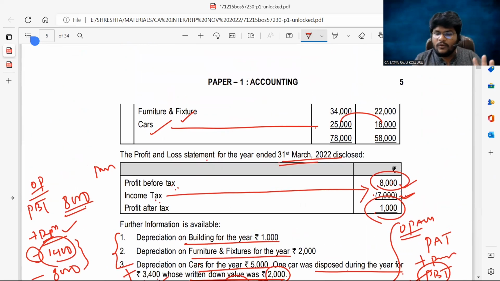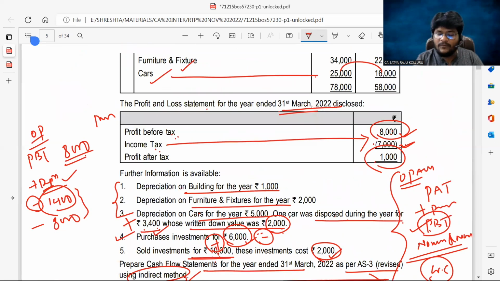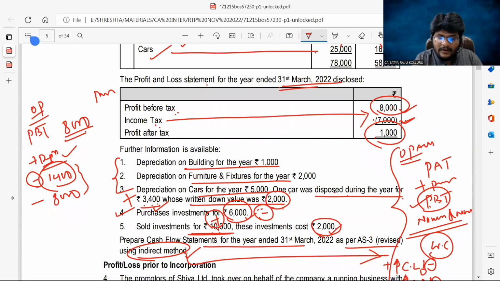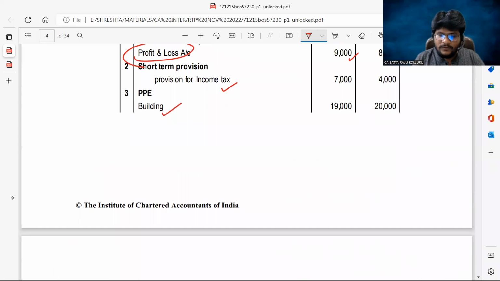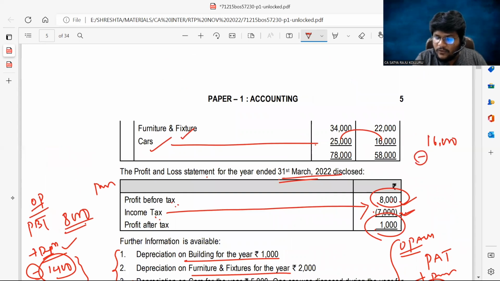One more thing, we need to cross check, other than this disposal of the car, whether any other transaction occurred or not. Please concentrate. It was given that depreciation on cars for the year was 5,000, right? If the depreciation was 5,000, then 16,000 minus 5,000, it should become 11,000.